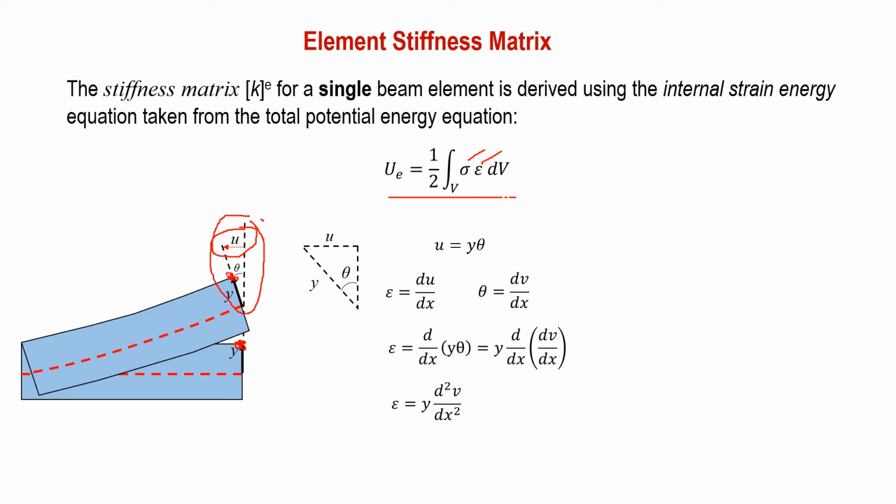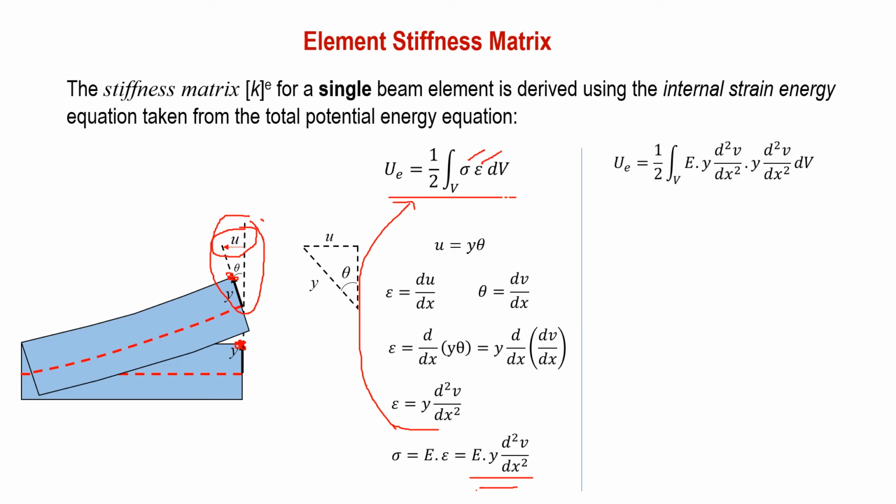For the stress, according to Hooke's law, stress is equal to E times strain, where E is the Young's modulus. So in this case, we just need to multiply the strain by E, so that we obtain this term, E times y d2v divided by dx squared. Once we know the strain and the stress, next we can substitute them back into this equation and we obtain this term.